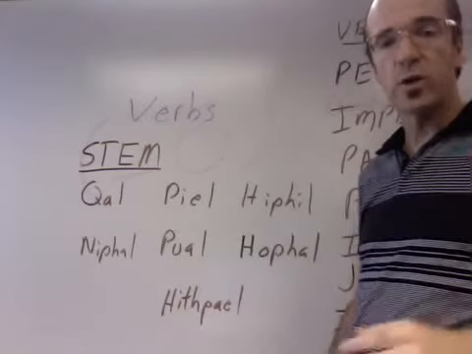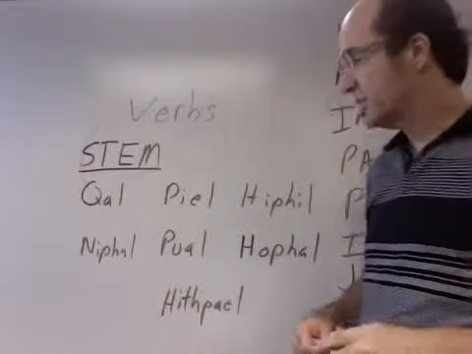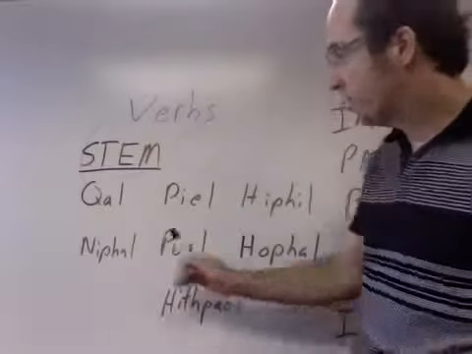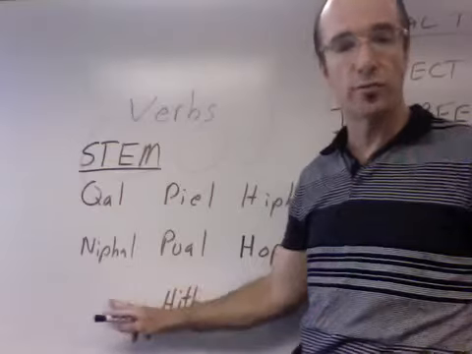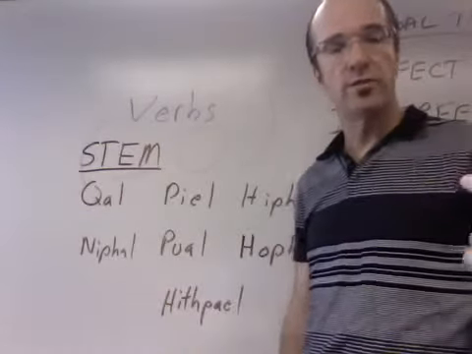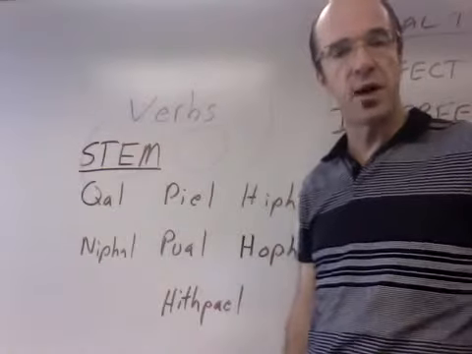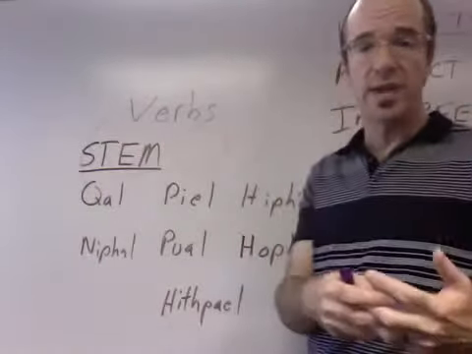The third category would be what's known as middle or reflexive. This would be the bottom one. And in terms of this category, the nifal can be both passive or reflexive or middle. You'll see that. Middle voice, reflexive voice, is where the subject does the action as it is involved in the action, and on some level receives the action.